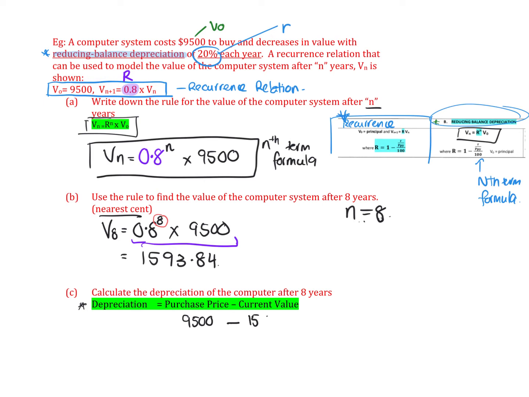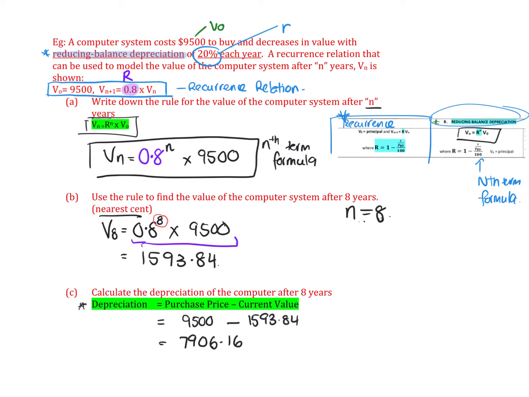We found that in the answer before, and we pop that in and we get that it's dropped by 7,906. Now they try to use real data in your questions and in your exams next year, and they are trying to be realistic. So if you think about a computer over 8 years, it will drop that much. If you think about an 8-year-old iPhone, it's not worth much, is it?